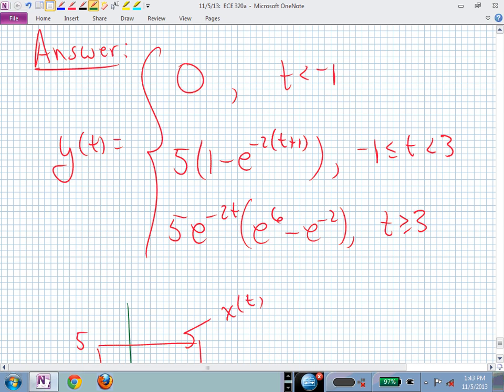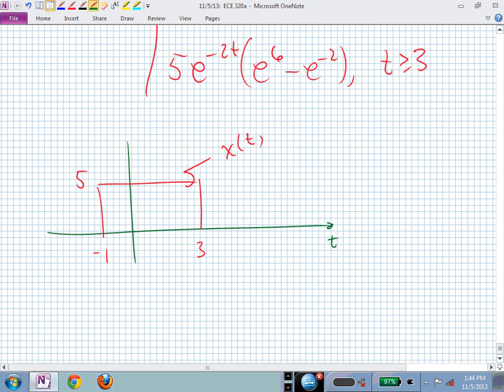And if you look at different values of time t, e to the minus 2 times 2 is going to be e to the minus 4. That's pretty tiny, isn't it? That's about 0.02. So when t gets up to 1, we basically are at 5, aren't we? We've already hit our final value of that waveform. Where did I say that occurred? At t equal to 1, roughly.